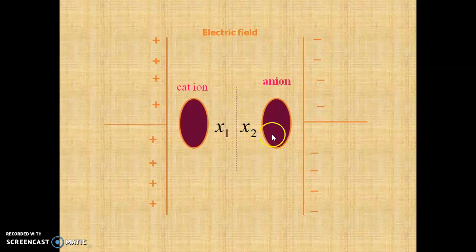Before the application of the electric field, the cation and anion are very close to each other. When you apply the external electric field, the positive ion moves towards the negatively charged plate through a distance of x2, and the negatively charged ion, let us say chlorine, moves towards the positively charged plate and traverses a distance of x1.